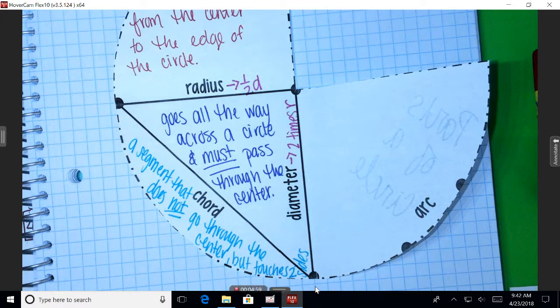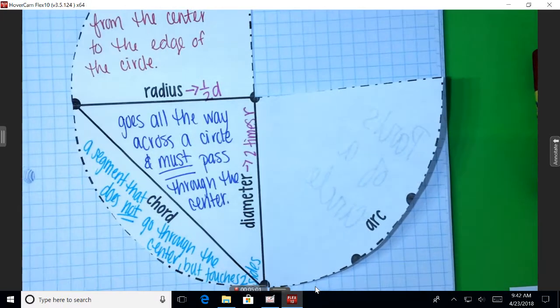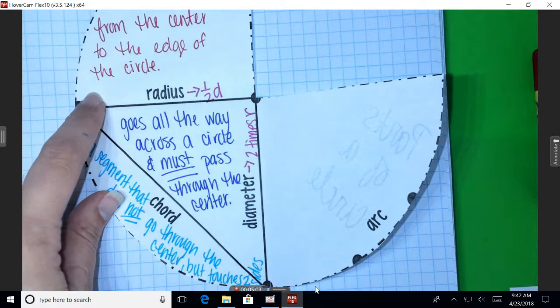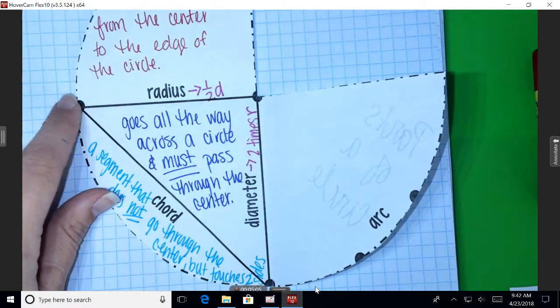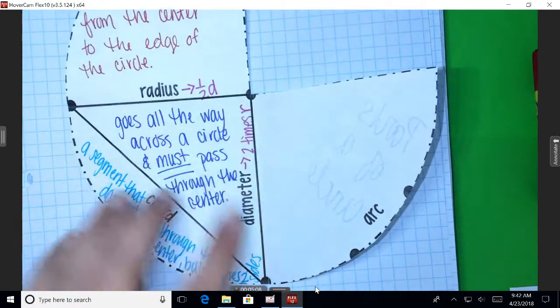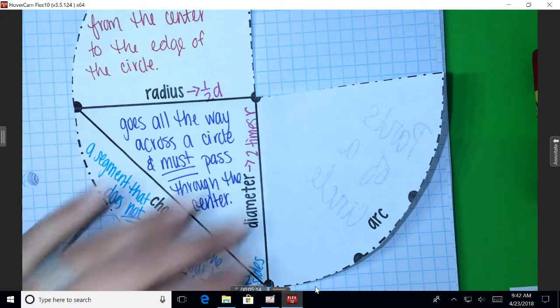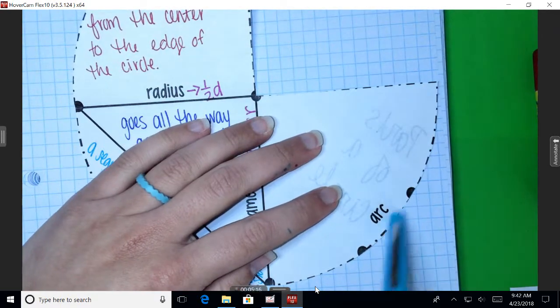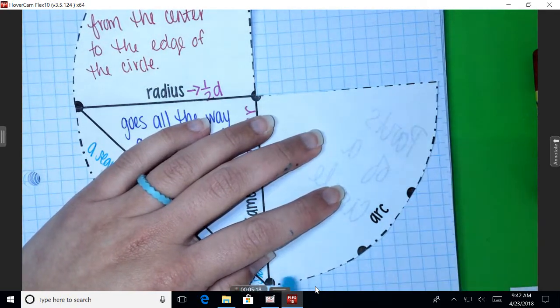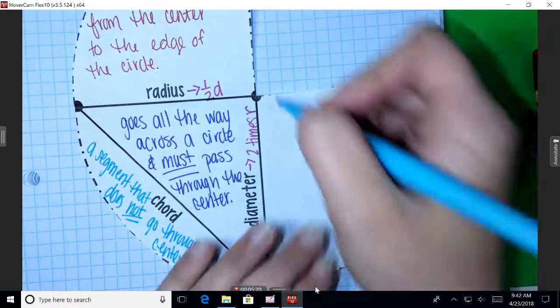Alright, what's an arc then? So the radius is a line. The diameter is a line. The chord is a segment, or really they're segments. What is an arc? Do we have any segments on here? Or is it just an outside piece of the circle? All right.